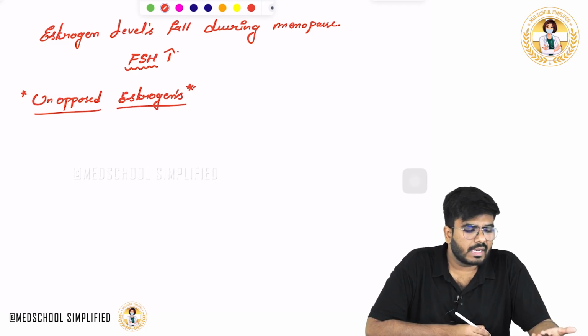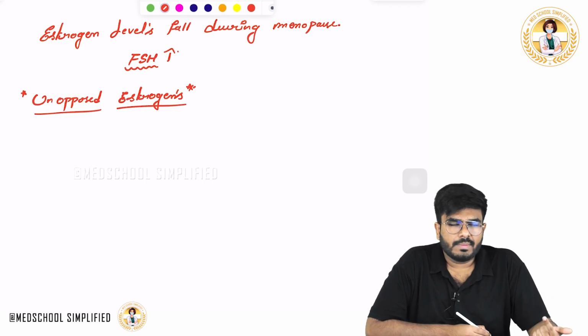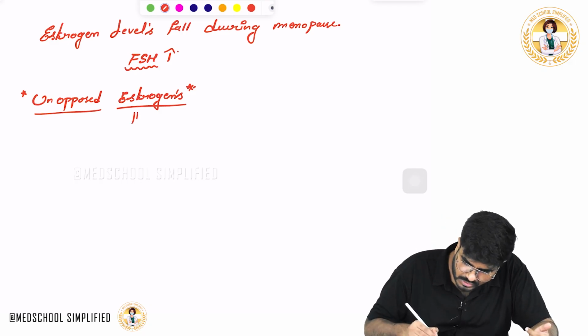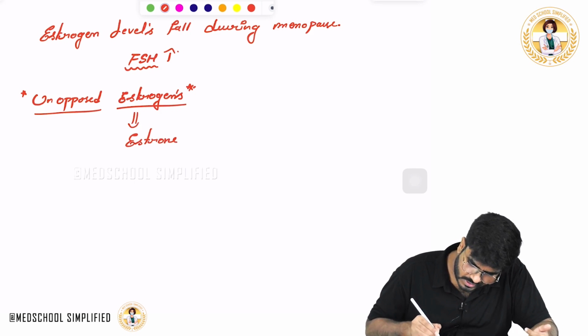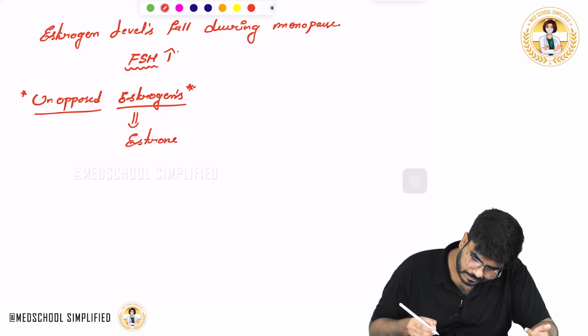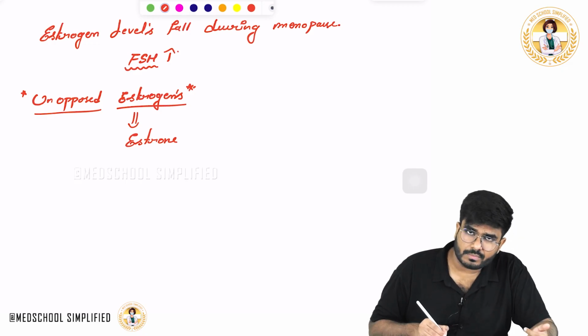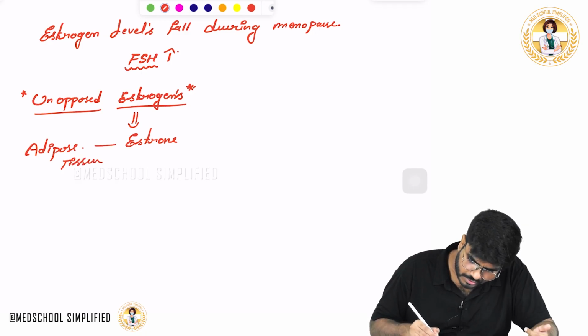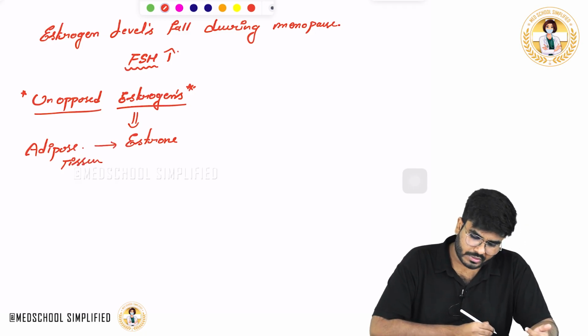We have just discussed that a menopause female is not going to have the estrogens, but from where are these estrogens coming? These are the weaker estrogens like estrone. From where is this estrone coming? Estrone is coming from peripheral aromatase, from the adipose tissue. From the adipose tissue, estrogen is getting produced.